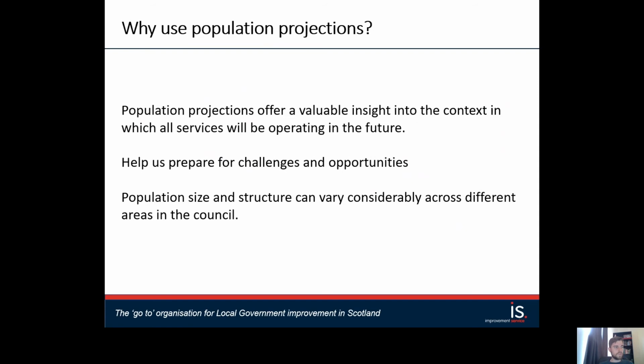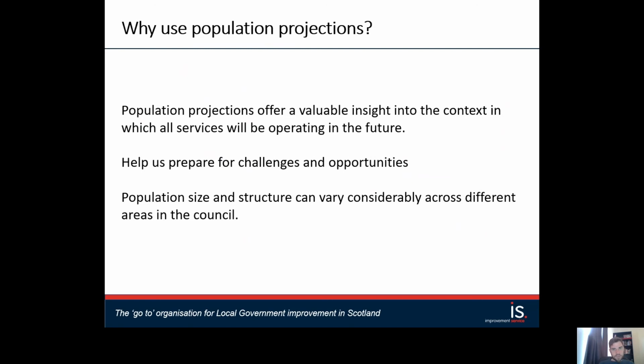It's important that councils and other partners account for the challenges and opportunities that a changing population structure might present, and that when they're making decisions now and in the future, they're situating that within the future context of what their population is going to look like.